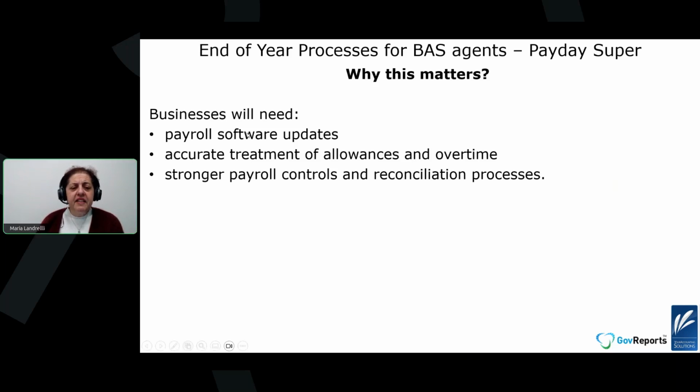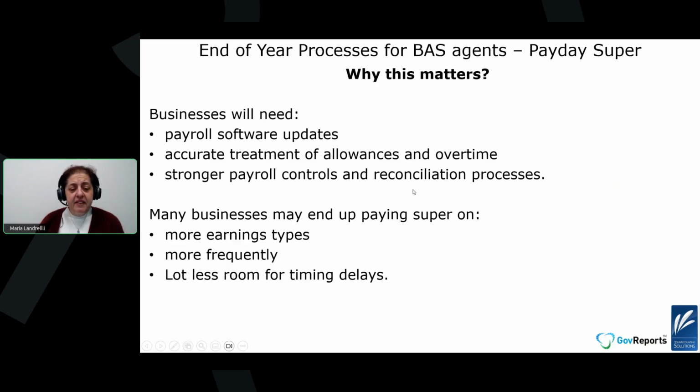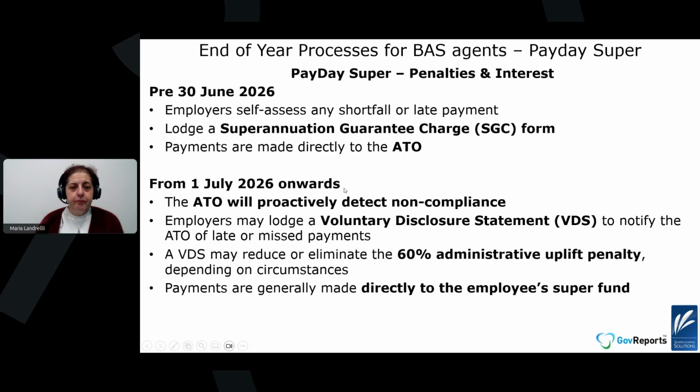So it just means that in the payroll, we need to have more accurate treatment of the allowances and overtimes, stronger payroll controls and reconciliations in there. And because of this, there's also more earning types that may get super that were never previously super, more frequently, definitely, and a lot less room for timing delays.